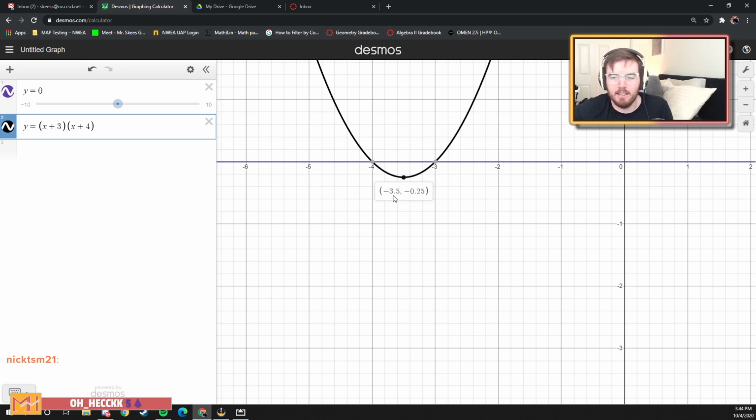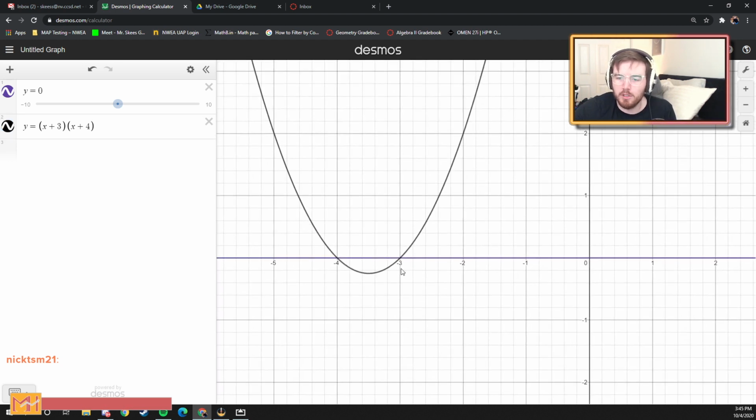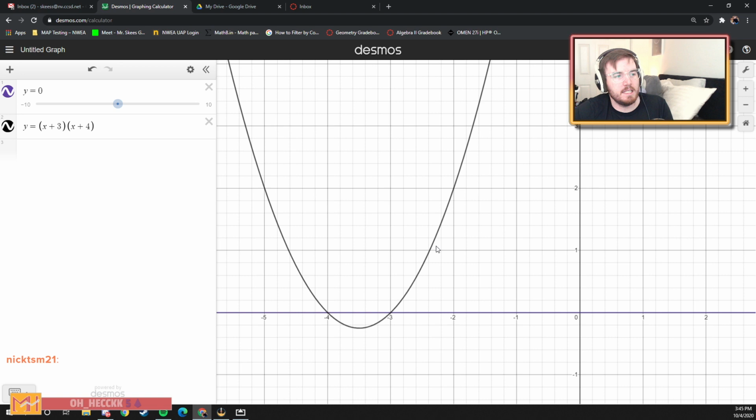What I was just doing on paper, I'm testing this point out and I'm going, oh, it's below, so it's less than. That's not a part of my solution. I want to test some numbers out here, -2 and -5, and realize, oh, it's positive.